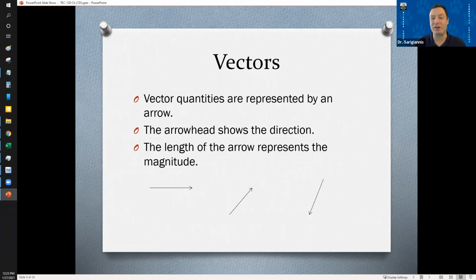And typically with vectors, graphically they're represented with an arrow, right? And the arrow shows the direction. A lot of times the length corresponds to the magnitude. There's some neat fluid mechanics software I've used, where you can ask the computer to plot the vectors of the fluid velocity, right?